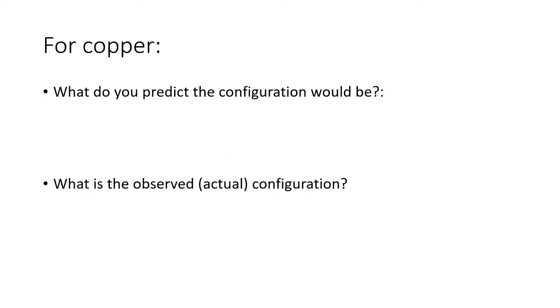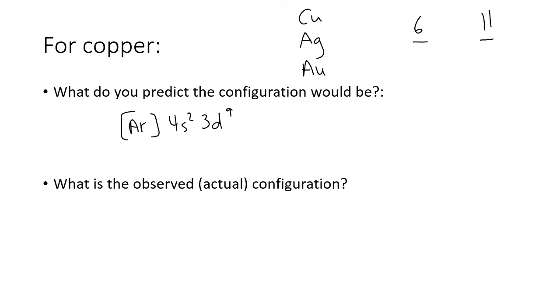Copper, silver, and gold are another set of 3 that have a unique set, so that would be groups 6 and 11 that both have unique configurations. The configuration for copper we would expect to be argon 4s2 3d9 because copper has 29 electrons in it.